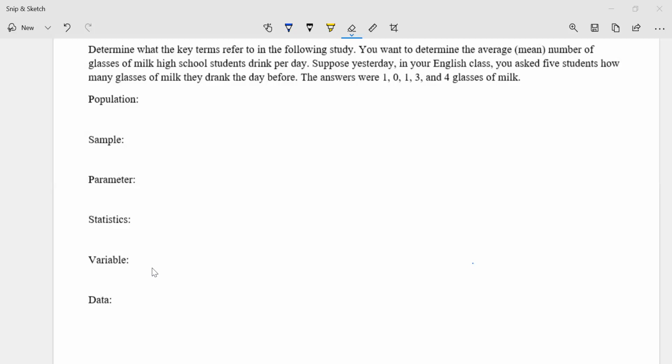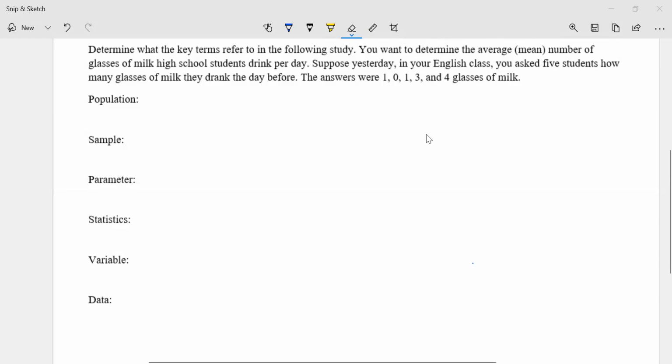Now, data. Data, remember, are the answers that I expect to get. If I already did the survey, the data is the answers that I got. If I haven't done the survey, the answers that I expect to get. Okay, so I asked 5 people, and the answers were 1, 0, 1, 3, 4.